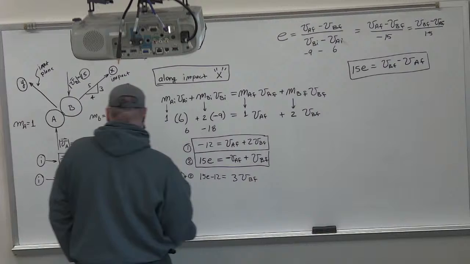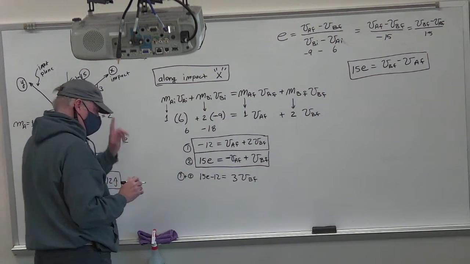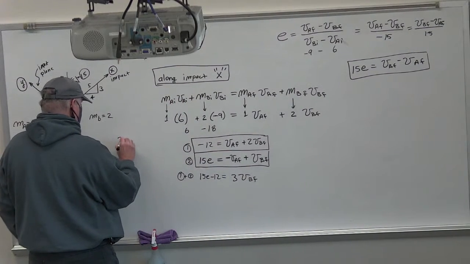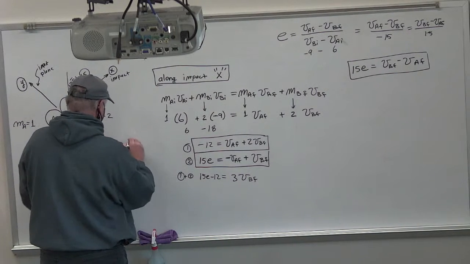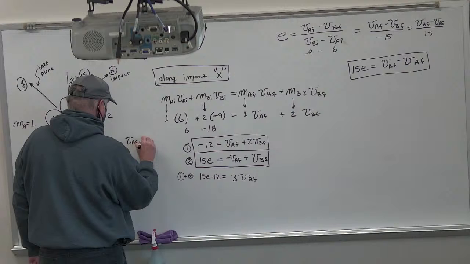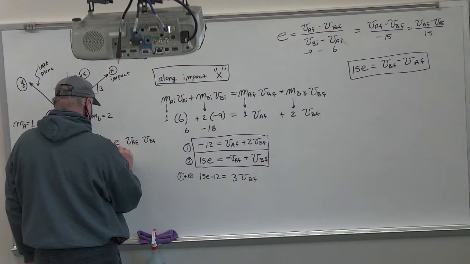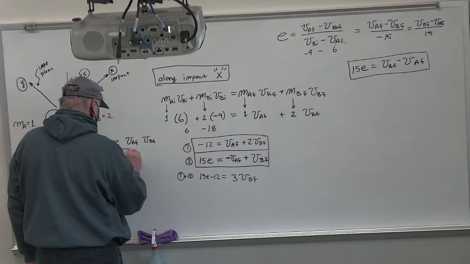Now, oh, sorry, I wanted to move that over. VA final, VB final, and E, let's do 1, 0.5 and 0.